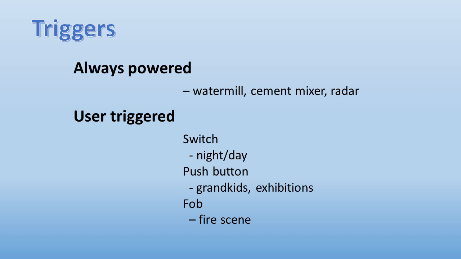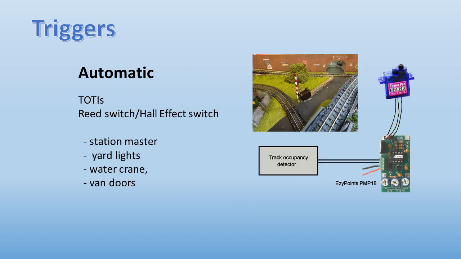In fact, the fire and the fire engine sequence you saw earlier is set off by the press of a key fob. And then there is automatic triggering. I'm thinking of things like you see in the right hand example, where some kind of train detector activates a servo to do a particular operation.